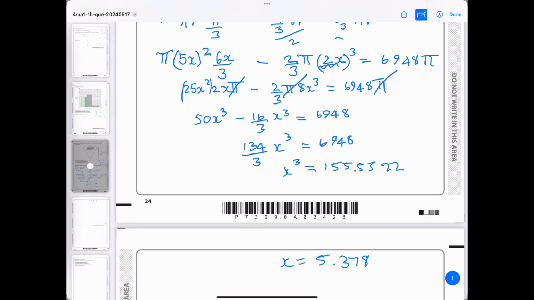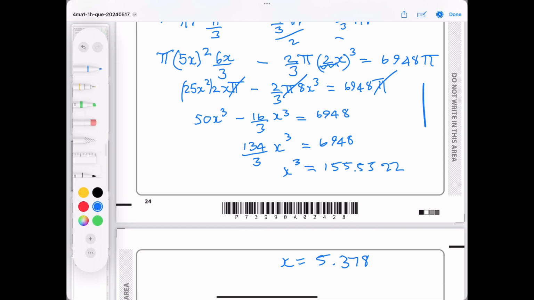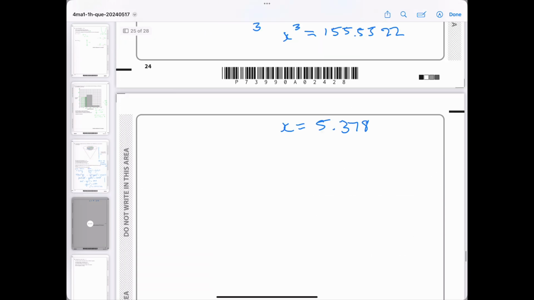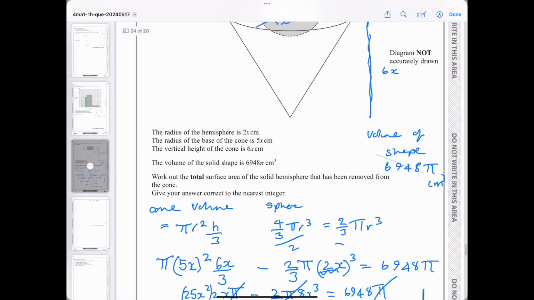And then from there on, this must be at least 6 marks. It's only 5 marks. And then we've got to find the total surface area of the solid hemisphere, which I could do if I could. I'm just going to look up what the surface area of a hemisphere is. And is it different on the inside than on the outside?